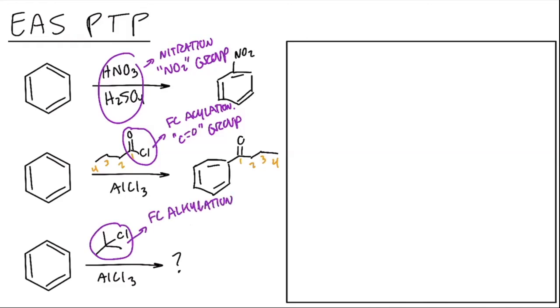And that means we're just going to kind of put a boring R group onto our benzene ring. So whatever carbon you have attached to that chlorine is going to go onto our benzene ring like so. Again, counting your carbons if you're not sure. Just like so.